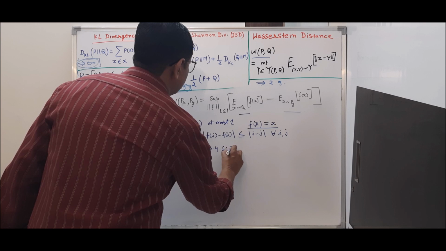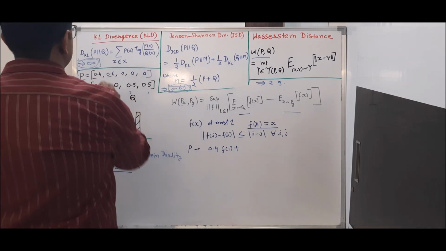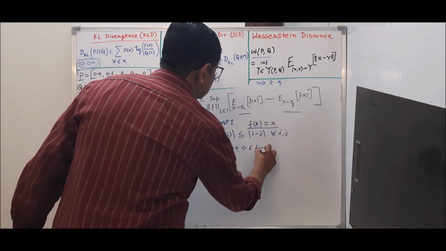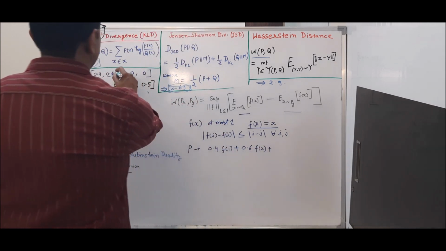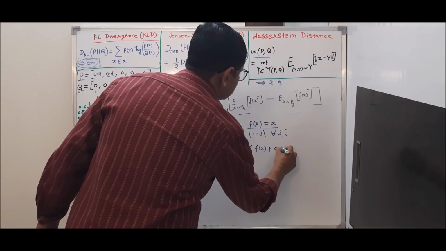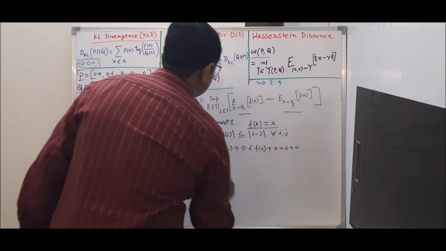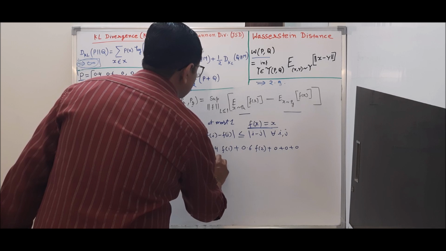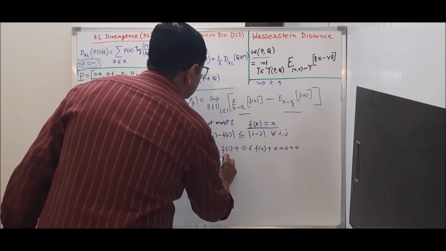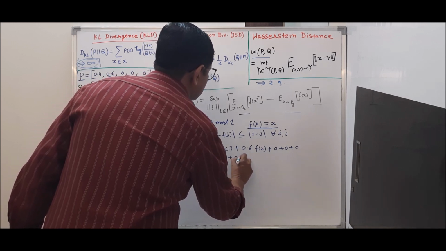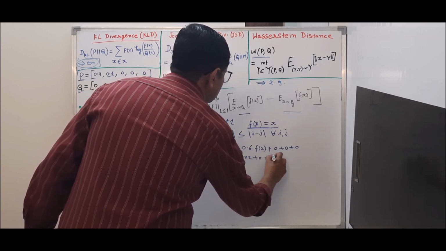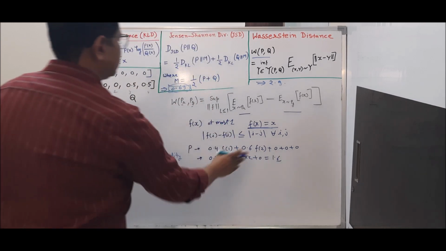At position 2, the value is 0.6. And for the rest of the places, the value is 0, so it will be like 0 plus 0 plus 0. By using this, we can compute the expectation value, so it will be like that.